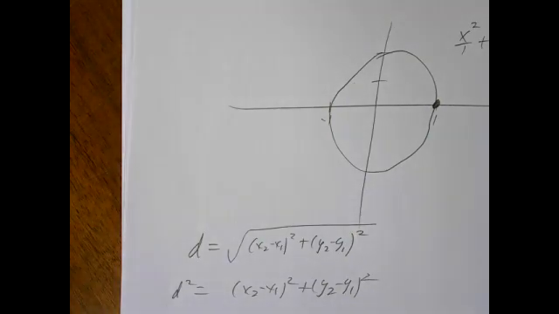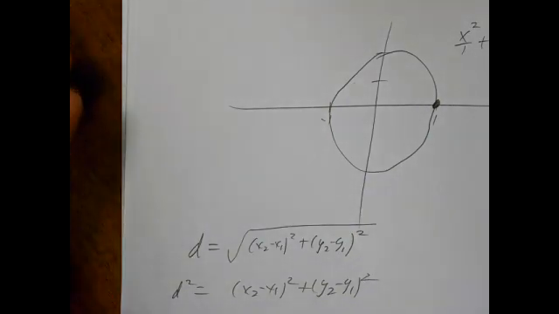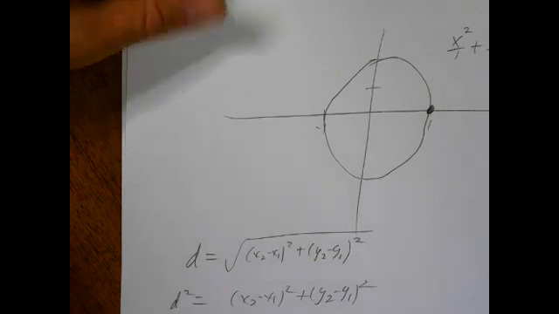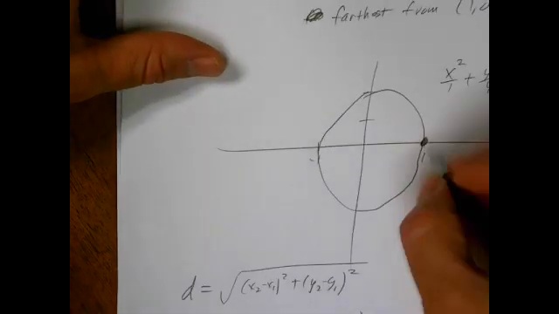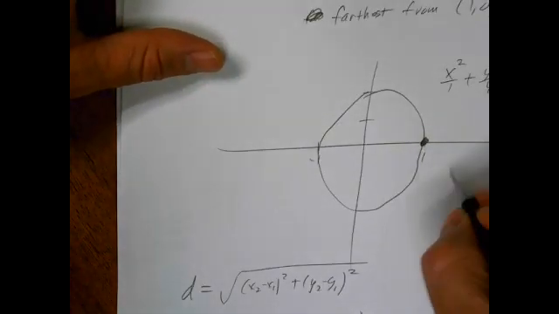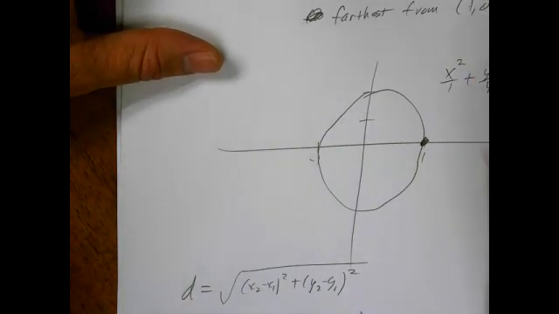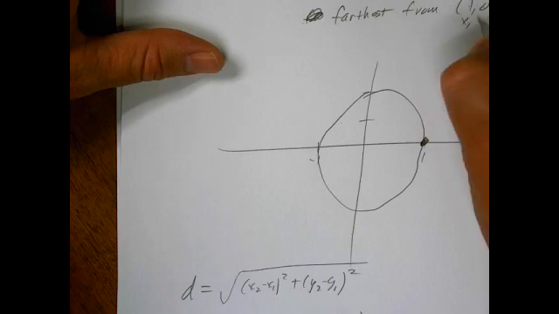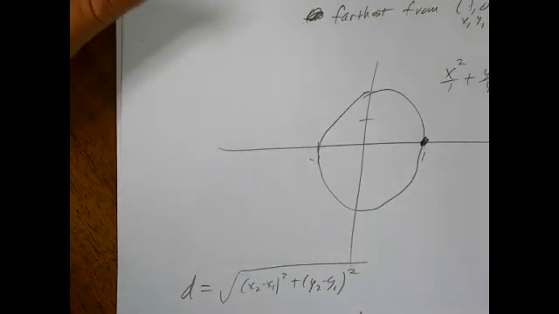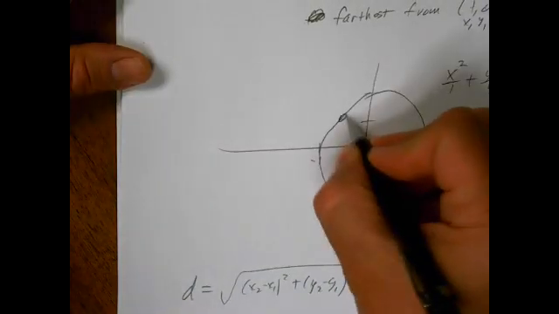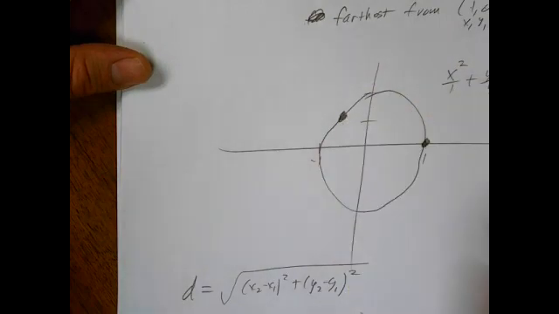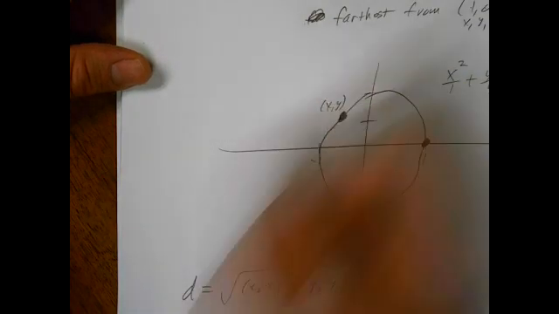All right? So what distance is it we're trying to maximize? We're trying to find a maximum between the point (1, 0), so we'll call that my x1 and my y1, and some other arbitrary point that's on this curve that we will just call x and y.